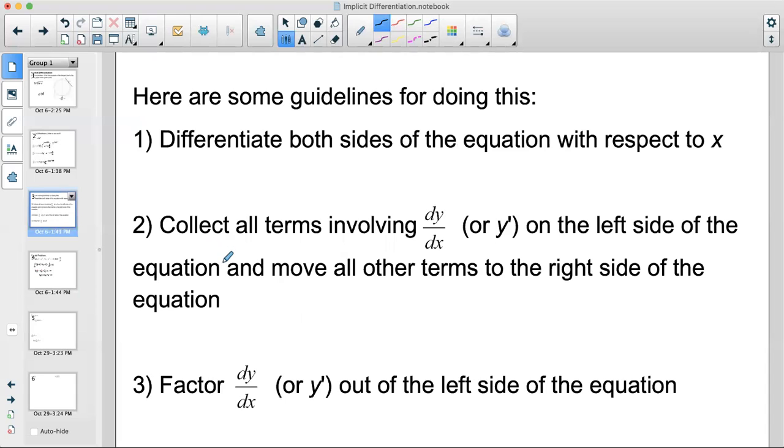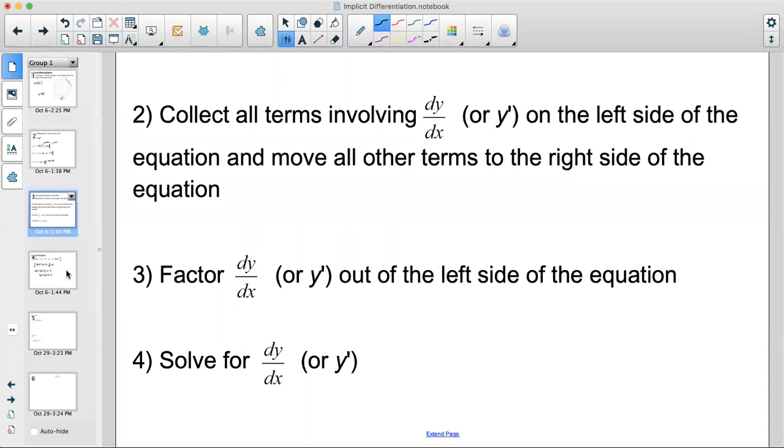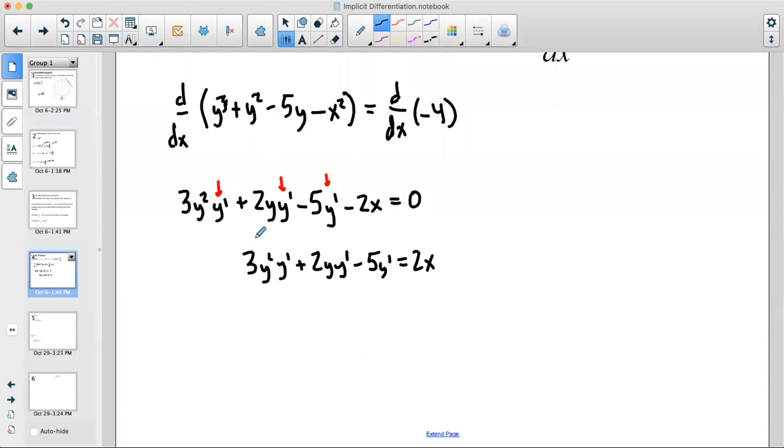Now I'm going to factor and then solve for y prime. So I factor, you notice everything here has one y prime in it, so I can factor it out. So this left side is really y prime times 3y squared plus, I take a y prime out of that, I'm left with 2y minus 5, and that's equal to 2x. And then I can just divide both sides by this term here.